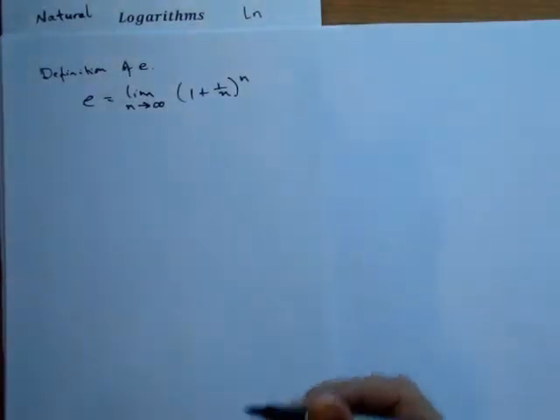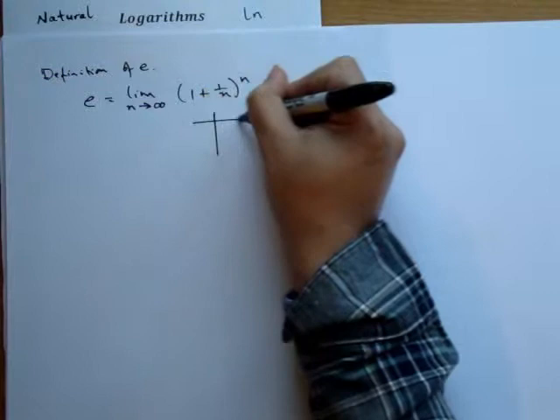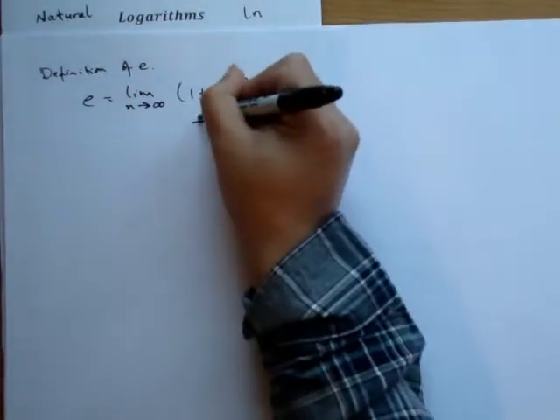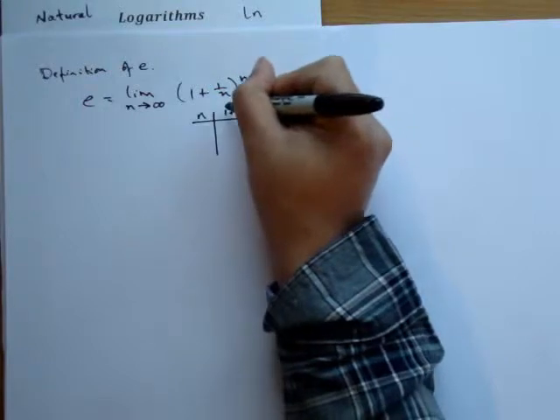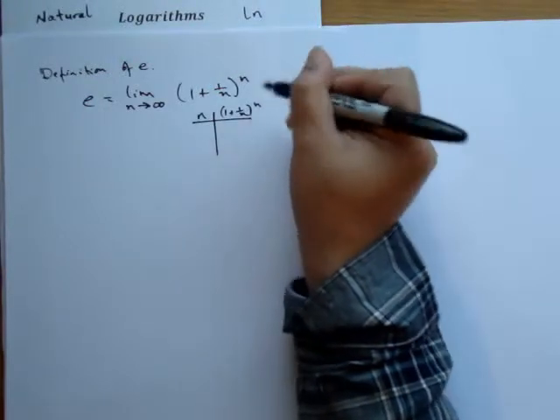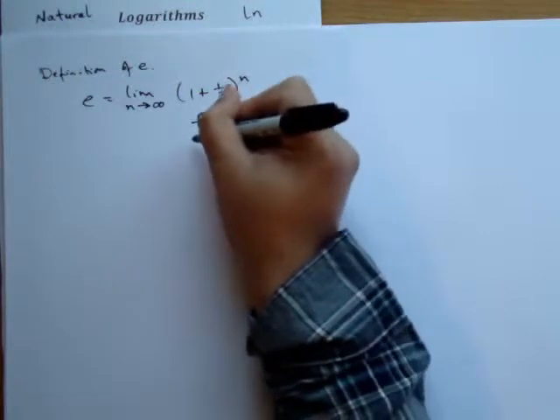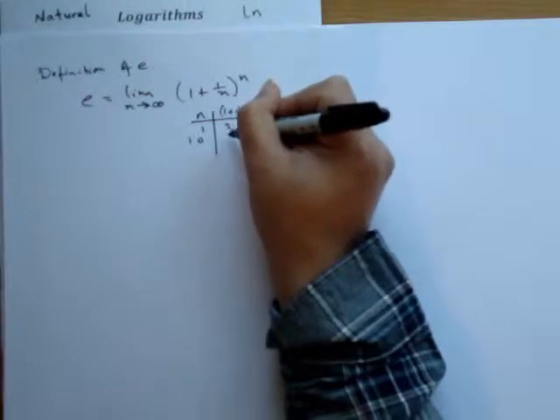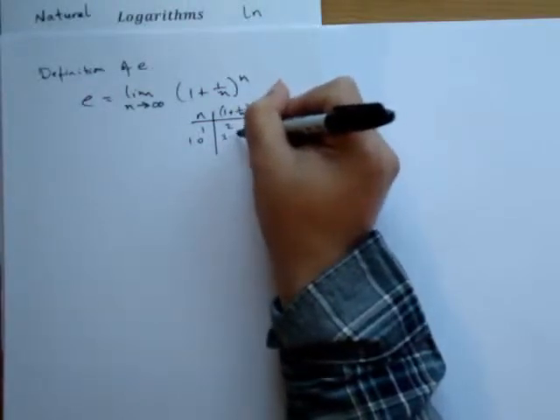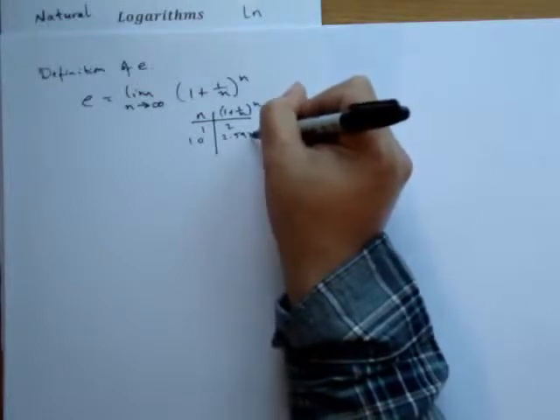So if we do a quick chart of this, where we have n and 1 plus 1 over n to the power n, you can see that for 1 this becomes 2. At 10, we put 10 in for n, we get about 2.5937.